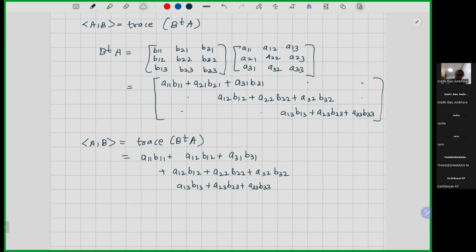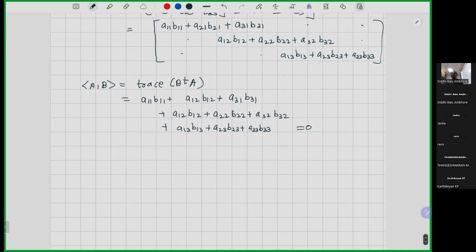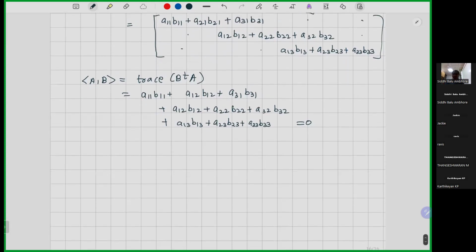And plus, okay? And this I need to be equal to 0 in order to belong to the vector space. Please, if you feel lost at any moment, please let me know.